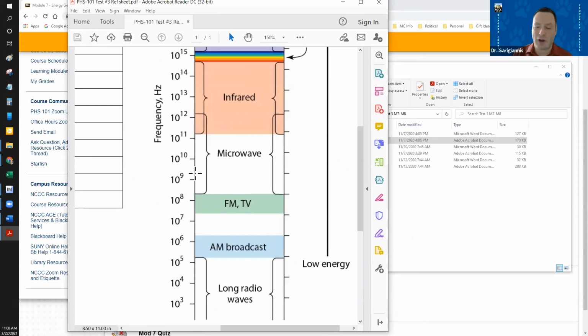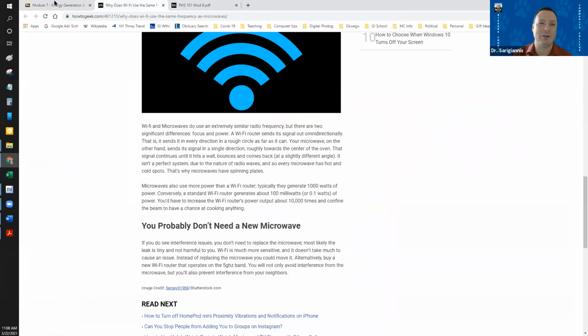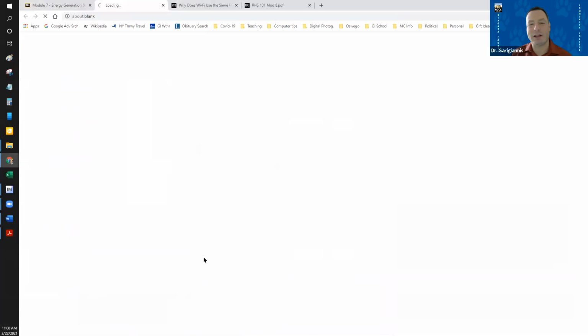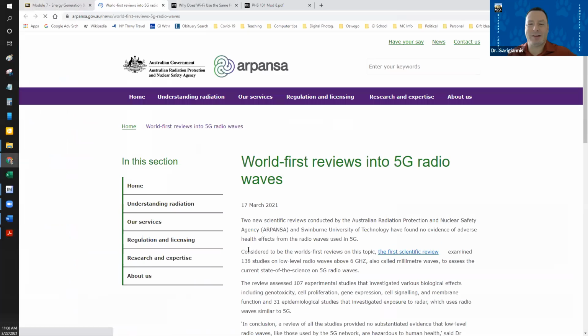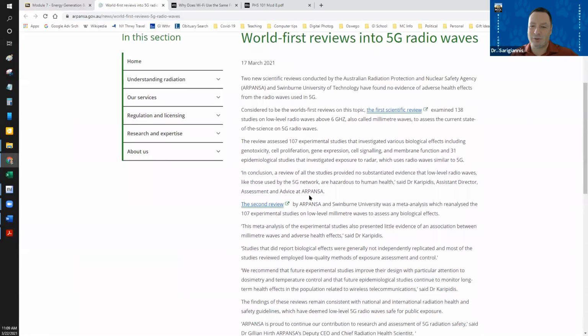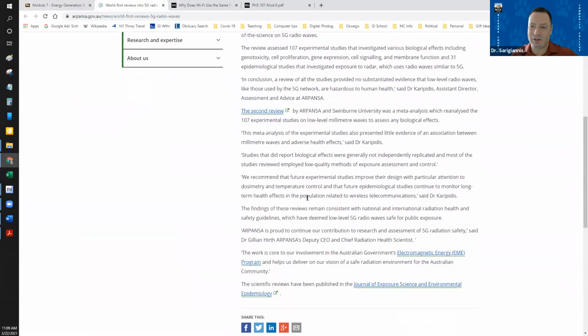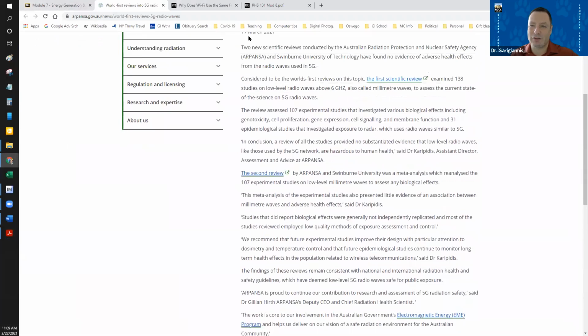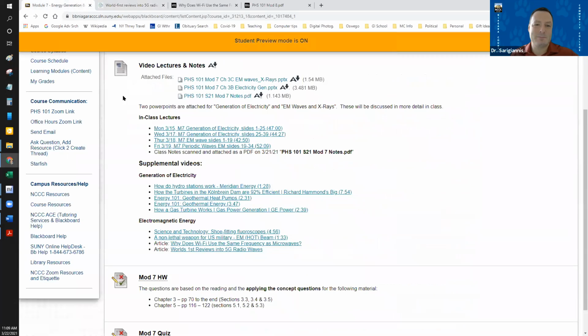And then 5G uses, let's see, what does it use? 5G radio waves, I want to say they're like 20 to 30 gigahertz.